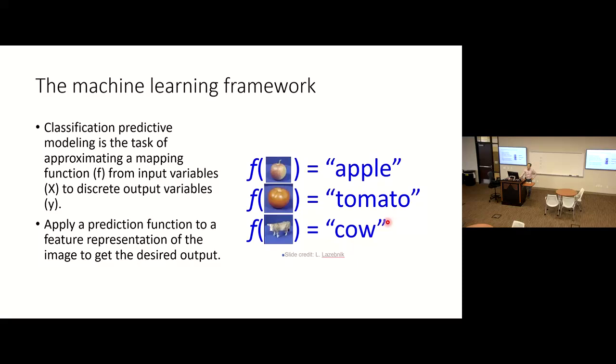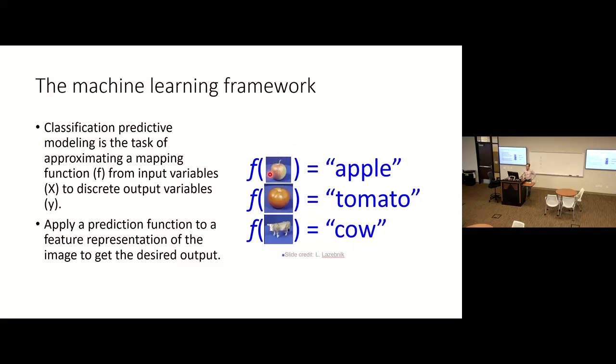So in the middle of these classifiers, you need to build a function. This is a very general description. This function will take your input and give you the output as a label, or classes, or categories.